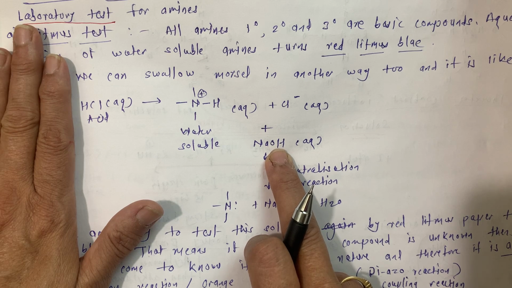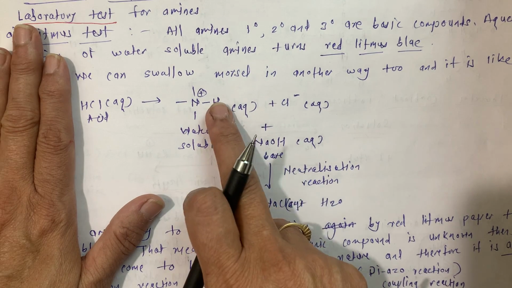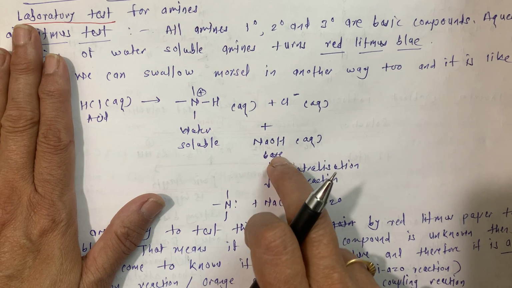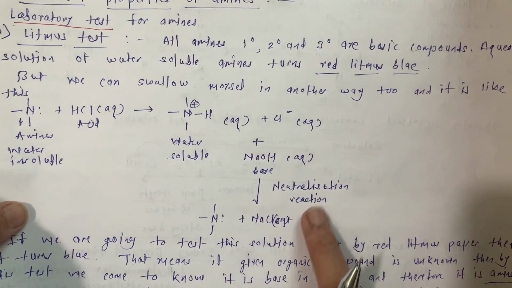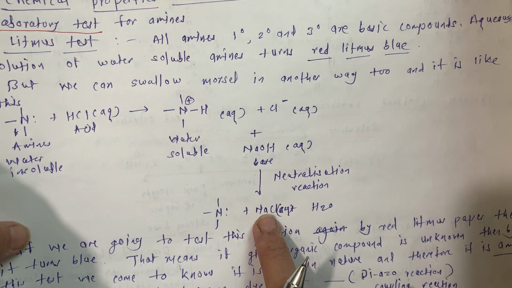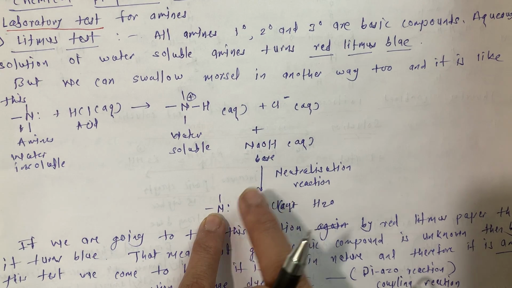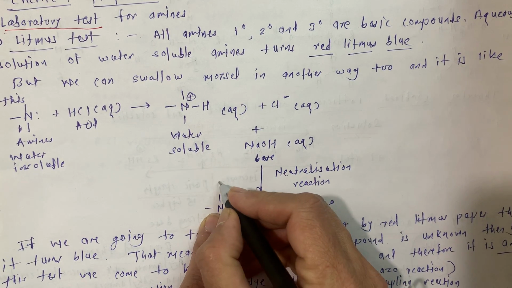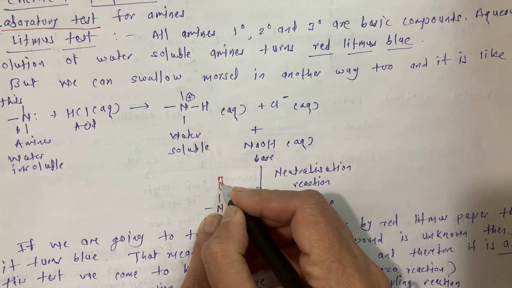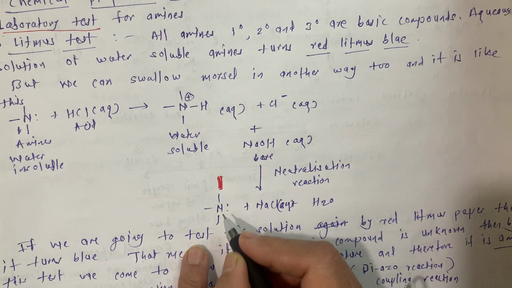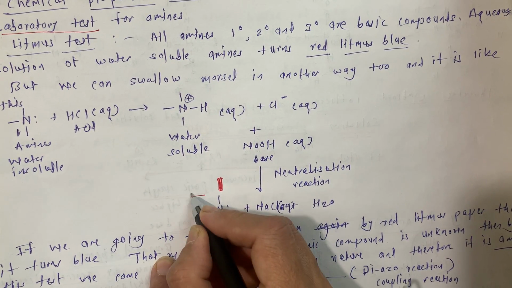Then we neutralize this solution with NaOH. After neutralization there is formation of salt, but still if you put red litmus in this solution, it turns blue.